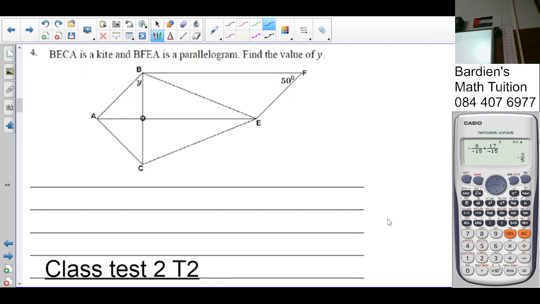Right, now listen, we can't just say A. Can I just say A? No. Why not? More than one angle at A. So what must I say? BAO, or BAE, or EAB. There are so many options.